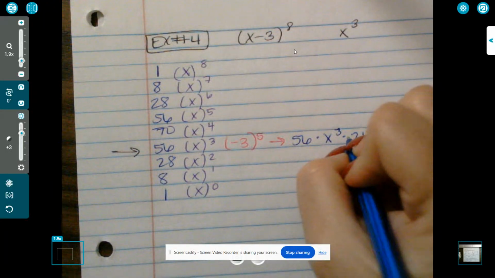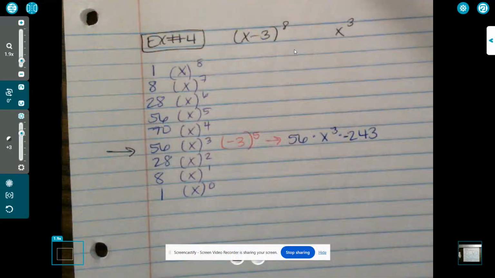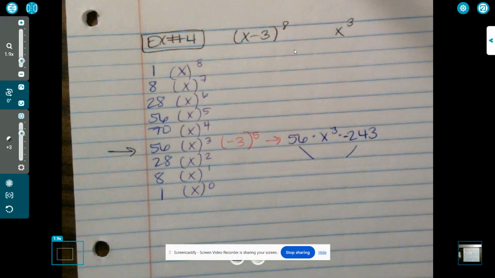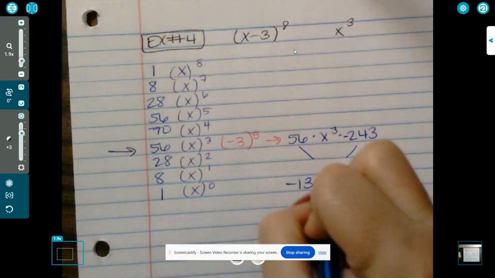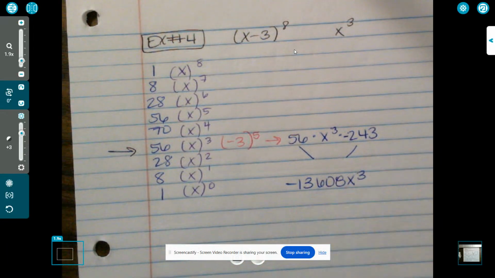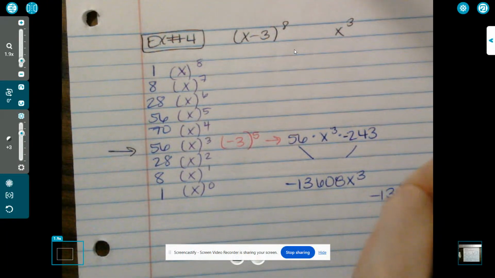And it is negative because we have an odd exponent. Then I would just need to multiply 56 times negative 243 to give me negative 13,608, x to the third. It only asked for the coefficient, so our answer is just negative 13,608.